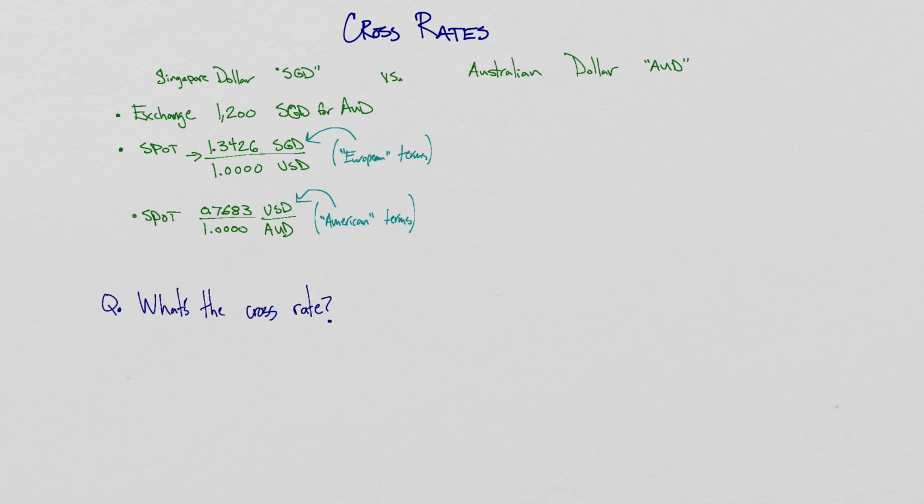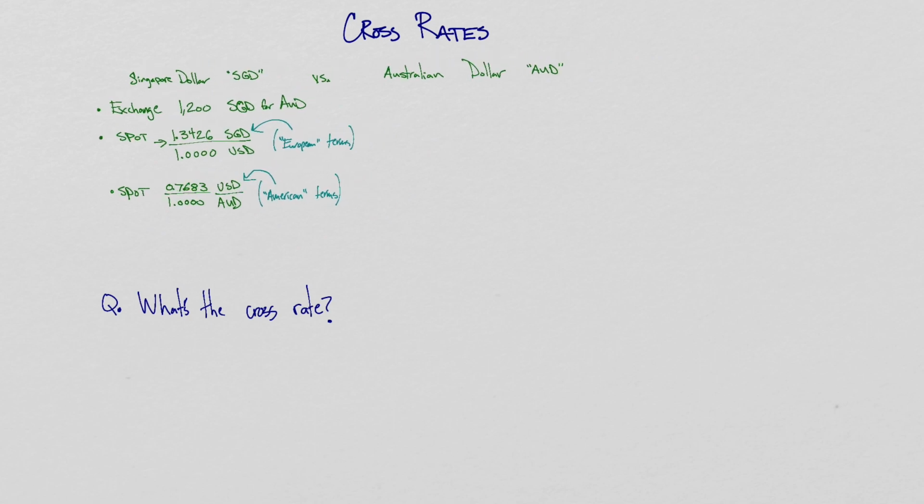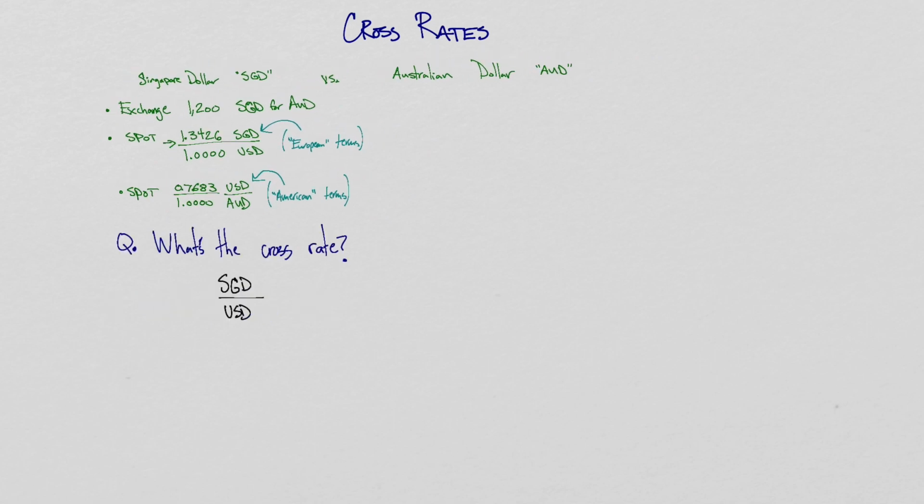And to do that, we can use a formula. We can take the Singapore dollar versus the US dollar and divide it by the Australian dollar versus the US dollar. Or we can multiply the Singapore versus the US dollar, multiplied by the US dollar versus the Australian dollar. Either way gets us the same thing.